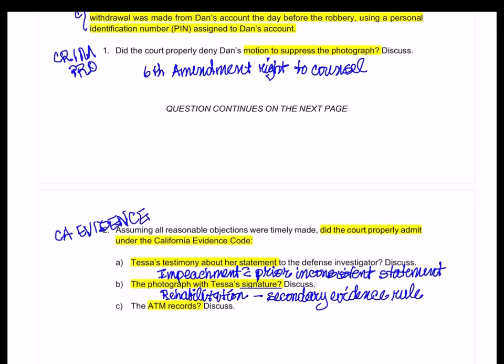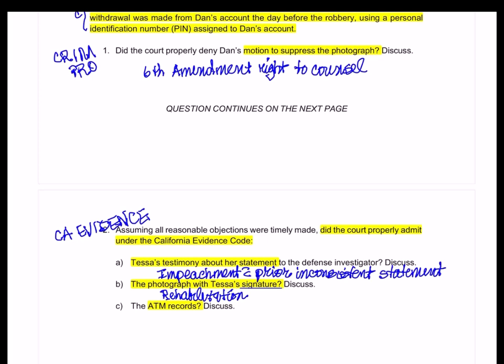The Federal Rules of Evidence is more restrictive. They allow it only to rebut express or implied charges of recent fabrication or improper influence. And so it would be harder to meet that under the federal rule. But in California, it's working.